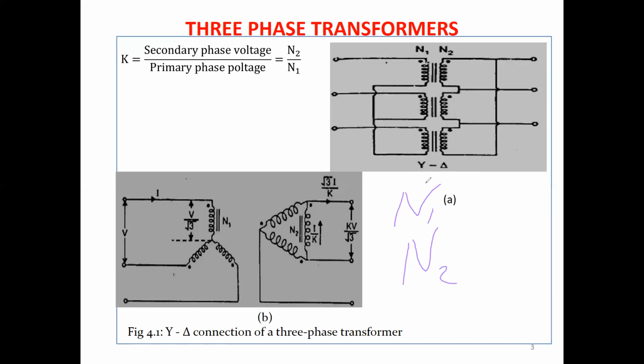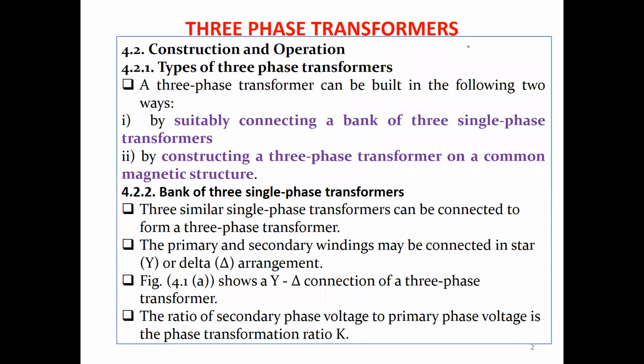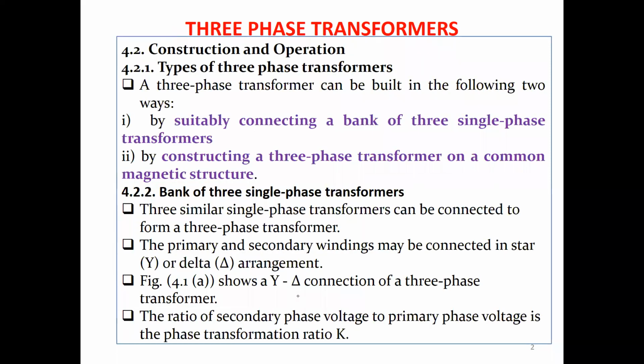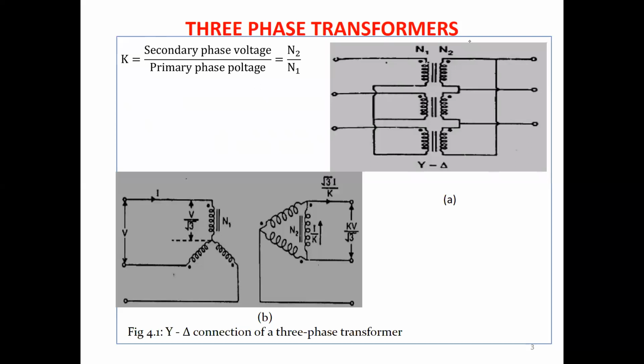The ratio of secondary phase voltage to primary phase voltage is called the transformation ratio, denoted by the letter K. That is the phase transformation ratio of the secondary to primary phase voltages.